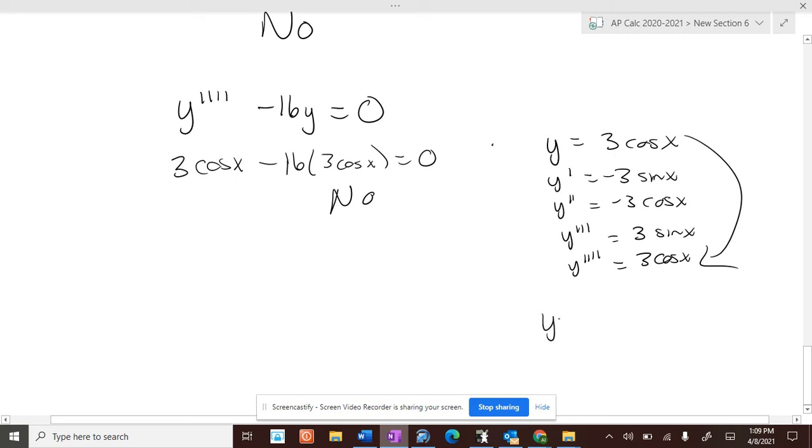Let's say y equals e to the negative 2x. What's the first derivative? Negative 2e to the negative 2x. What's the second derivative? 4e to the negative 2x. What's the third derivative? Negative 8e to the negative 2x.